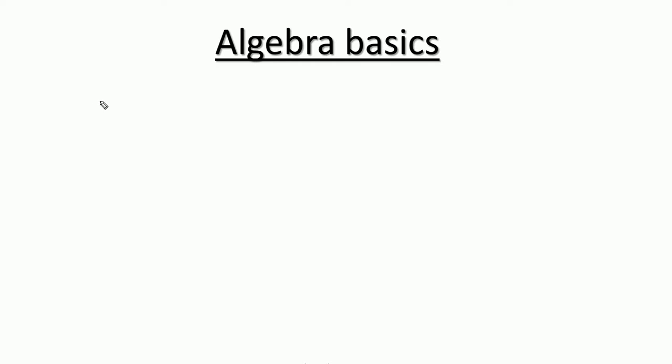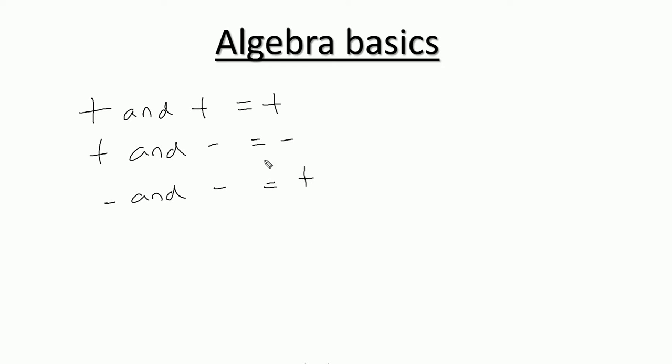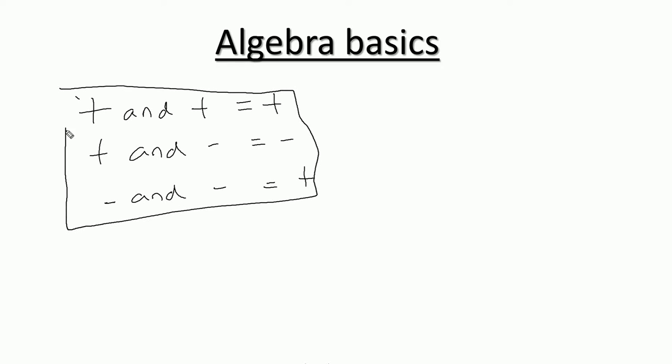So the general rule is, if multiplying or dividing numbers of different signs, what you want to remember is that a plus and a plus makes a plus and a minus makes a minus, and a minus makes a plus. And of course these can be written the other way around as well. So these are the general basic rules involving signs that you need to know.